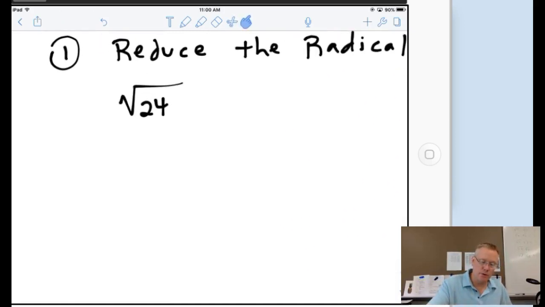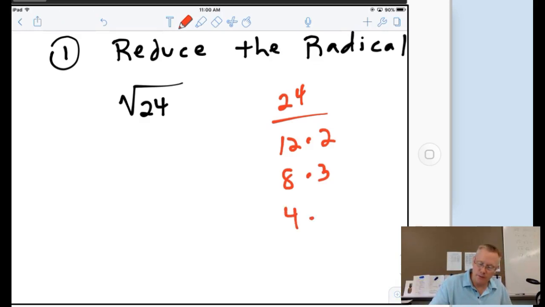Anyway, so what I'm doing is I'm looking for the factors of 24, and I'd like to have the biggest perfect square that I can get out of there. So, for example, 12 times 2 is good, but neither one is a perfect square. 8 times 3 is good, but neither one of those is a perfect square. 4 times 6 is good, and 4 is a perfect square.